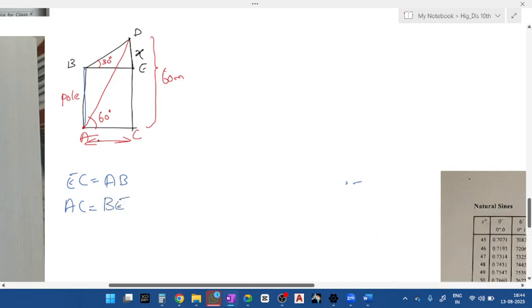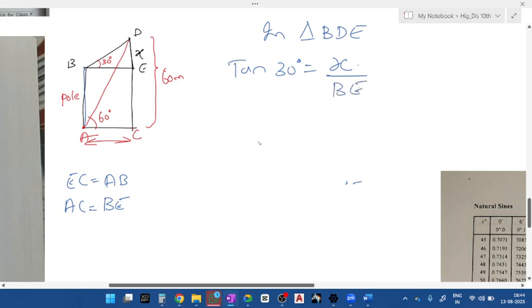So if you want to find AC, in the first triangle, I have to take BE, right? So in triangle BDE, 30 degrees is given. What should I take? Tan or cot? So tan 30 is equal to DE by BE. What is DE? X, right? DE is X divided by BE. Yeah, keep this as it is.